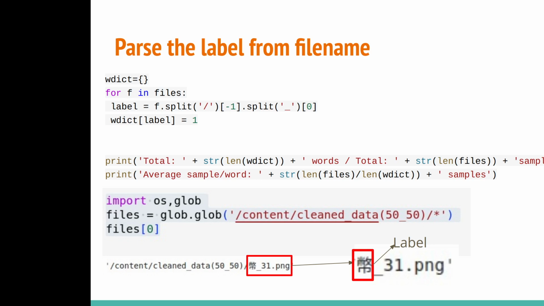In this dataset, each sample's file name will look like this. We can get the base file name here, and then we split the base file name into two parts by using the underscore. Then we can use the first element in the array as the label.